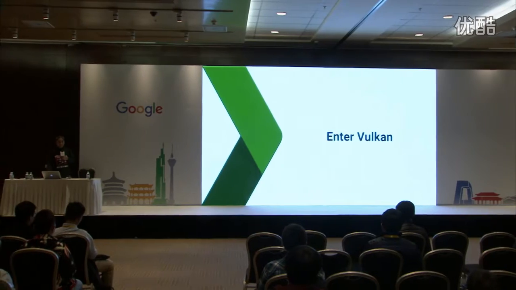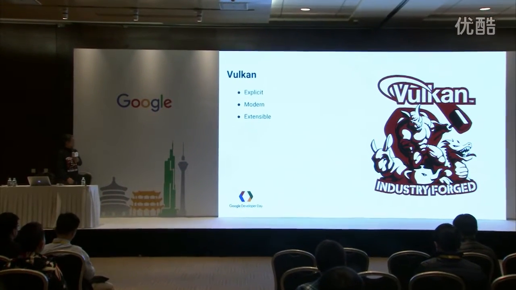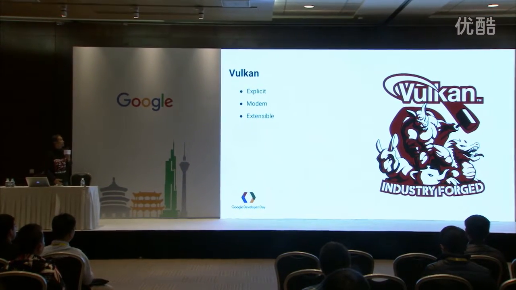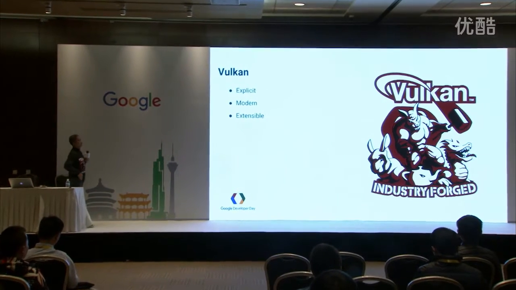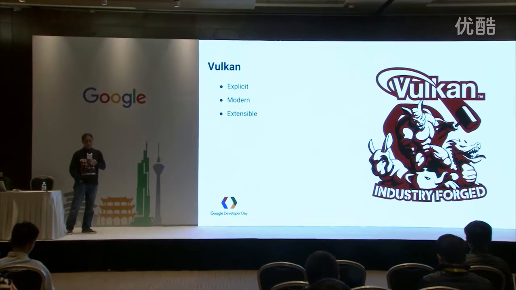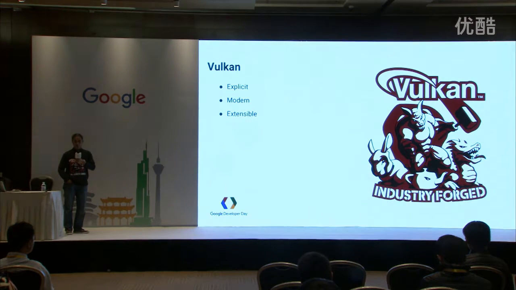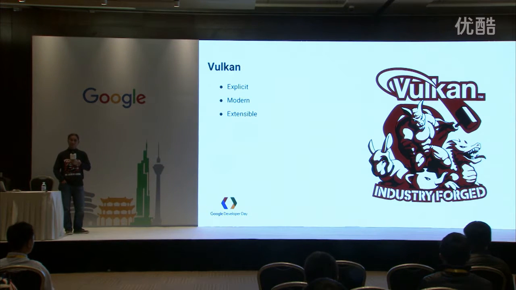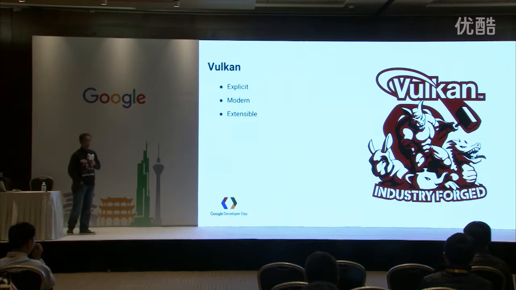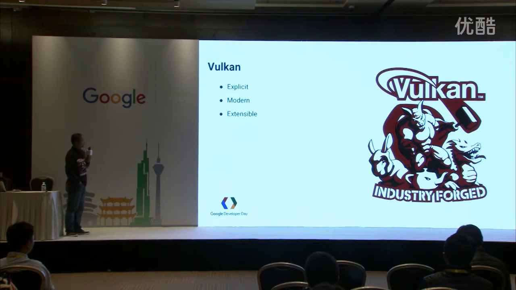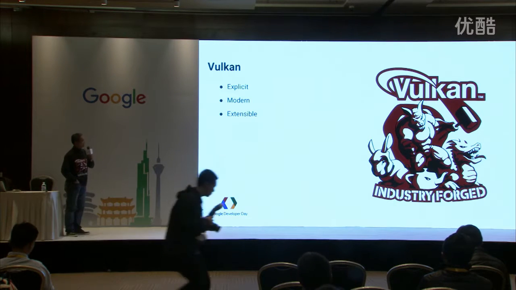So what are the major Vulkan features for us? Everybody is using these new API standards, right? On iOS they have their own, and DX has its own. Vulkan does it for everybody. So the main feature of Vulkan is that it is explicit.